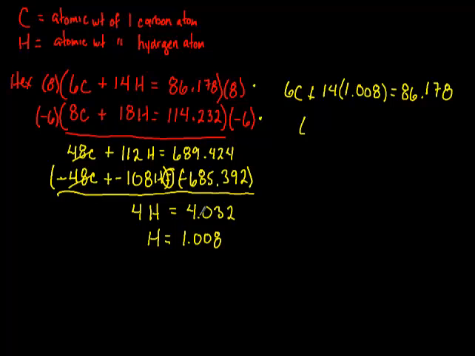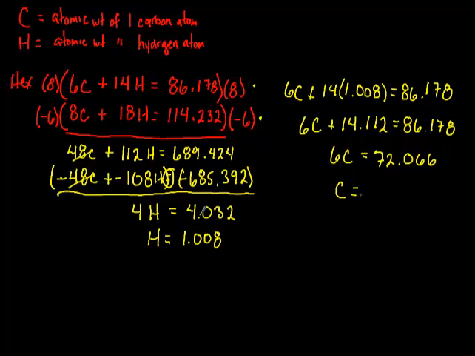Simplify this product. 6C plus 14.112. The right side does not change. Subtract 14.112 from both sides. That'll result in 6C is equal to 72.066. Now divide both sides by 6, and that results in C is equal to 12.011. There you have it.